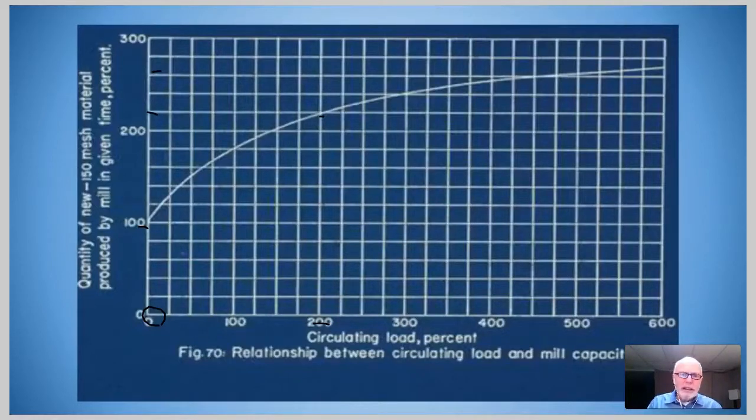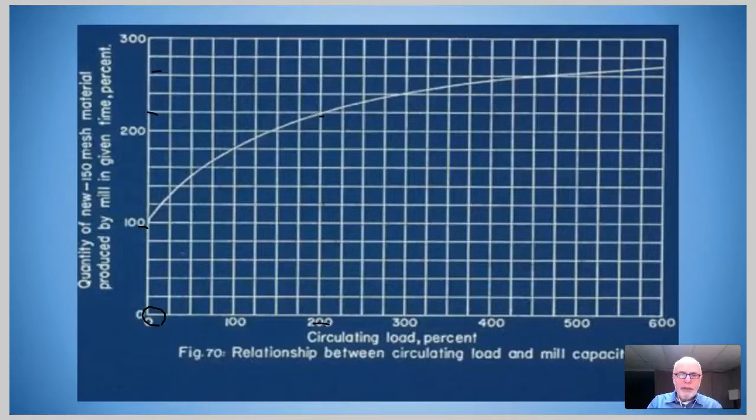So the only limitation on increasing circuit productivity by increasing the circulating load are practical things like the flow rate gets so high that you're washing the balls out of the mill, or pumping power, or maintenance of the pumps and cyclones gets to be so high because of the high flow rates.